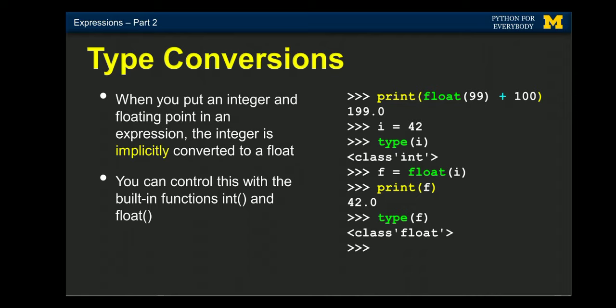Suppose you want to get the output of float 99 plus 100, you are going to get 199.0. Here we have explicitly defined something. Explicitly means you define something from outside, and implicitly means something gets executed by the interpreter inside. So you can control this with the built-in functions int and float.